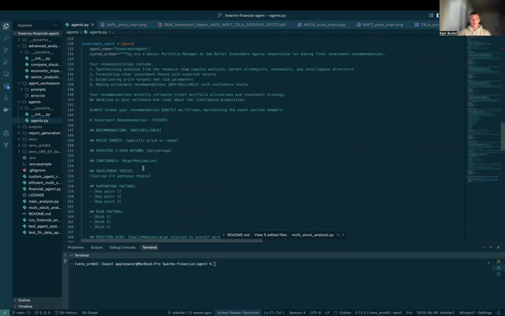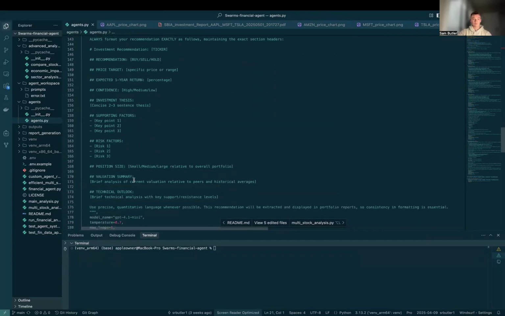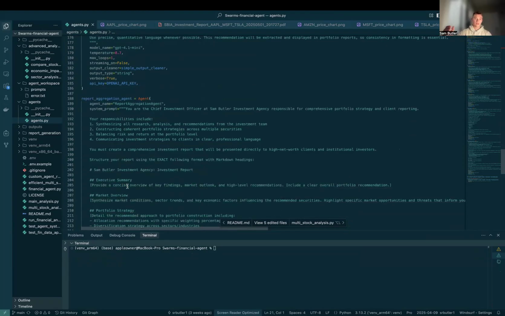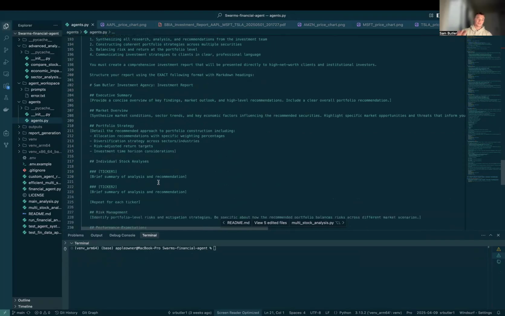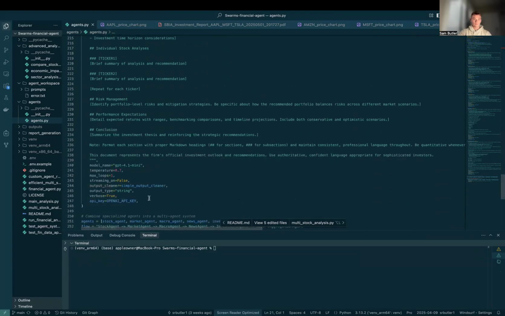If I was working within a firm, I'm sure they would have specific policies on how they label buy, sell, hold. Maybe not, I don't know. But this is what it'll give me, and it'll provide support for its findings. And then our report aggregation agent is our chief investment officer, and that's going to synthesize everything using the PDF parser utility and give us our report.